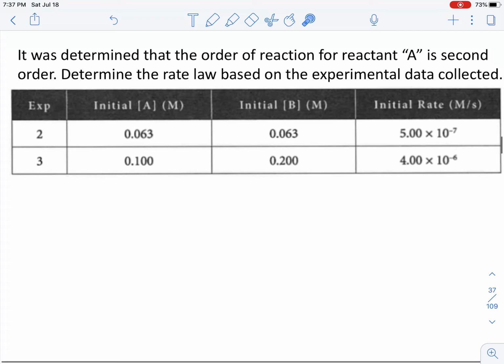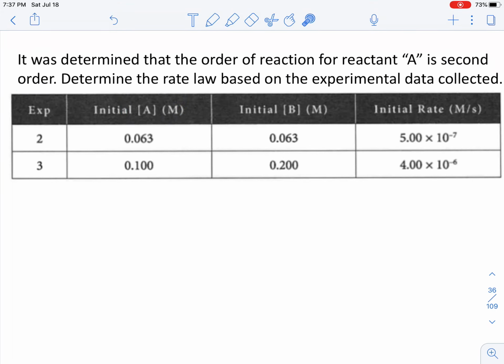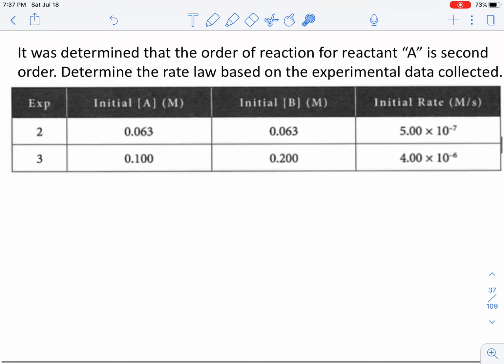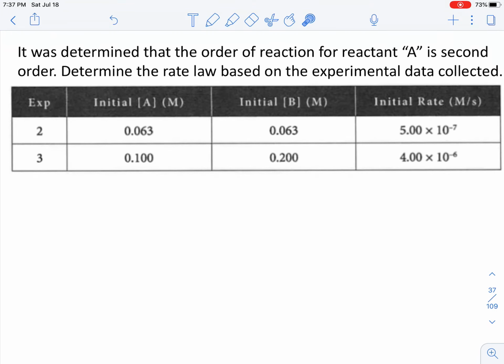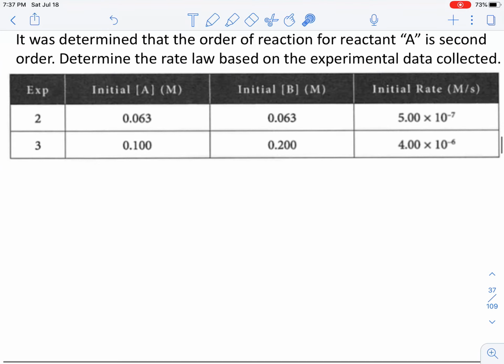So it was determined that the order of reaction for reactant A, which is this, is second order. So already this problem is telling us the value for M for reactant A. And we want to determine the overall rate law based on the experimental data that's collected.